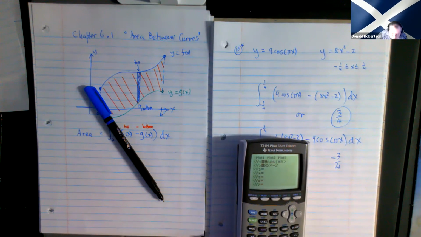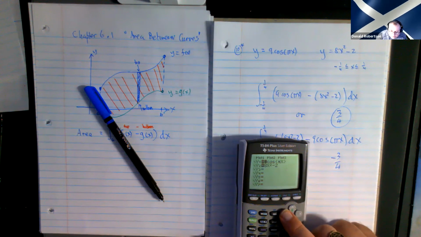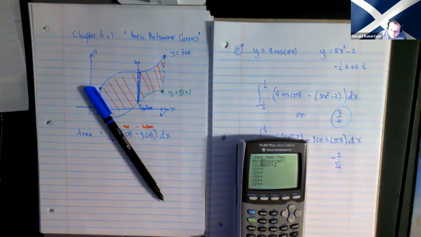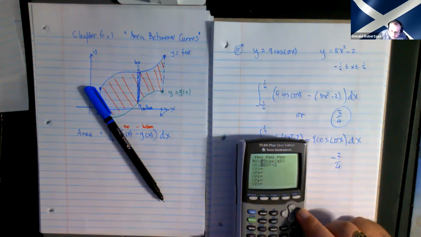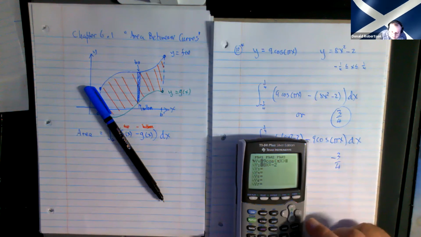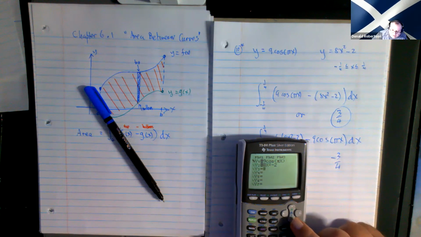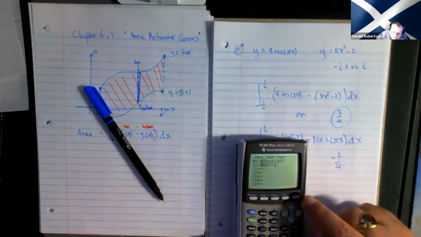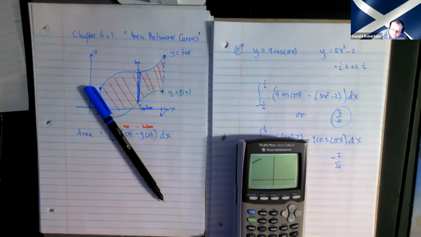If you go to your calculator, TI-84, and you move the cursor to the end, if you hit enter, do you see how that's flashing thick? If I move off it, you might see it a bit better. Now, what that has done is it says the thicker curve is the cosine one. So now when I graph it, can you see that's the cosine curve? It's the thick one. Can you see the skinny one is the 8x² guy?